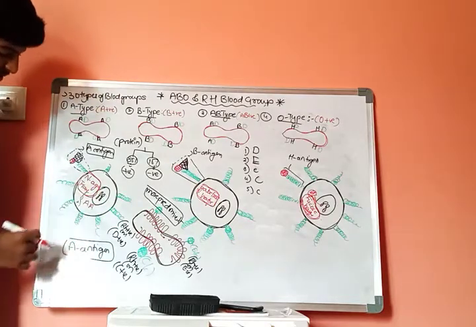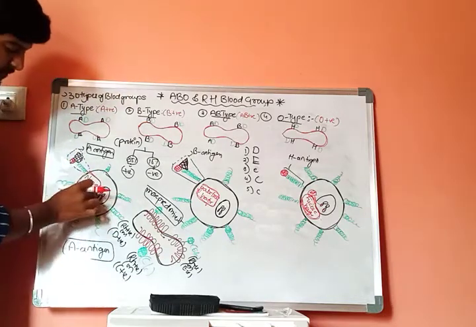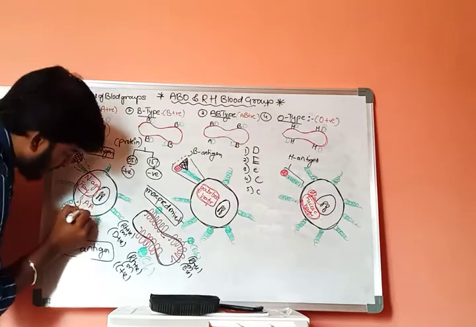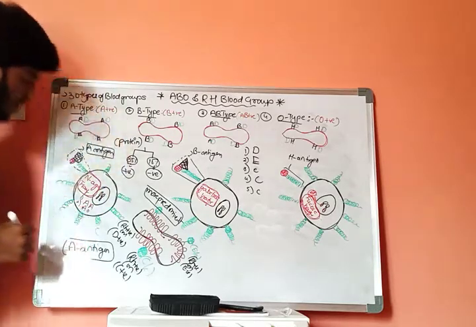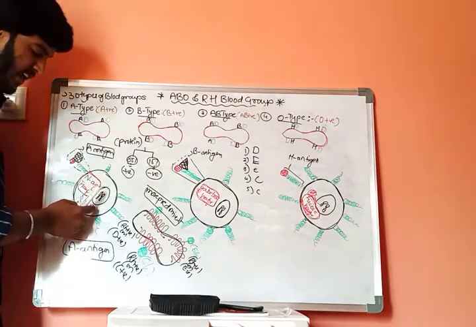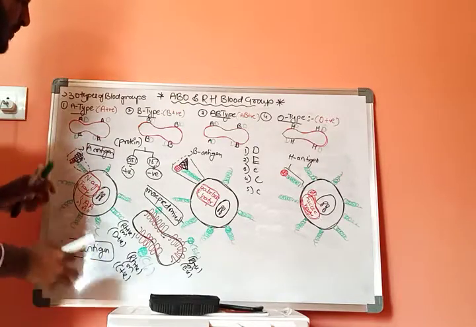In the second case, we know there is a pair of chromosomes, but only one chromosome out of this pair expresses the gene. It is called the AO type of gene. So there are two genotypes, that is AA and AO. This is about the genotype of the A type of antigen.